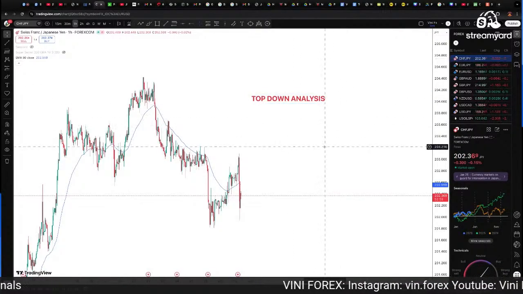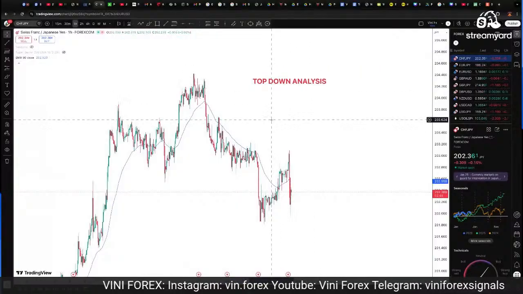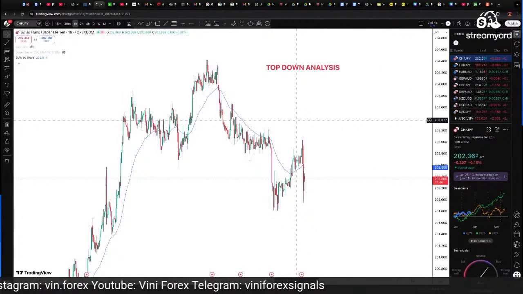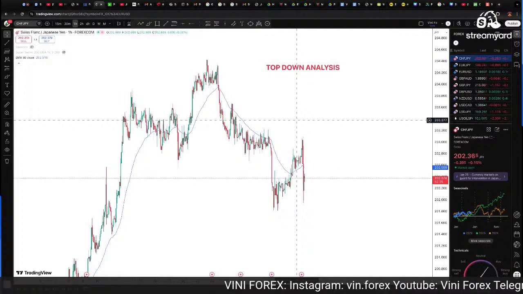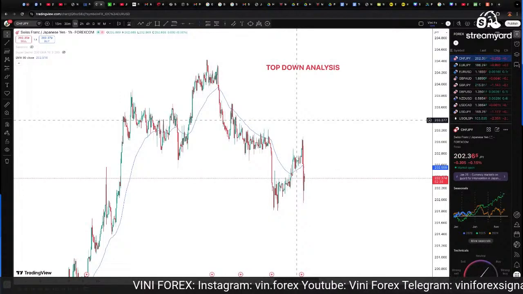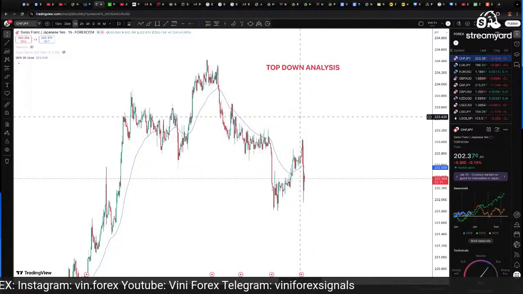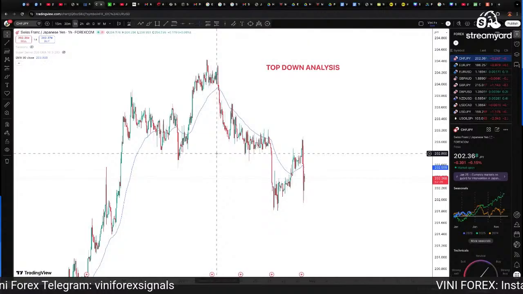What does this top-down analysis mean? It means to analyze the market starting from the higher time frame and gradually coming down to the lower time frame. Do you understand?